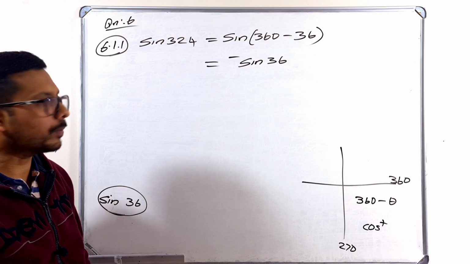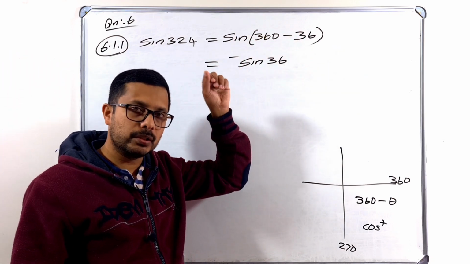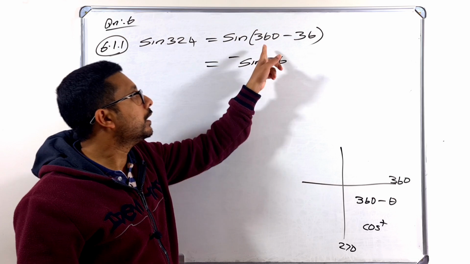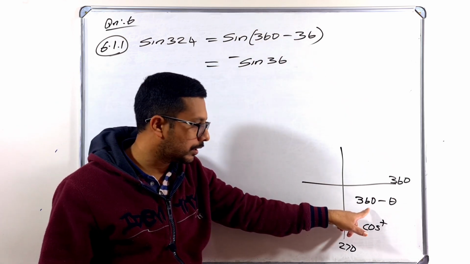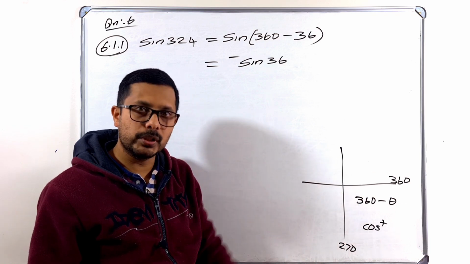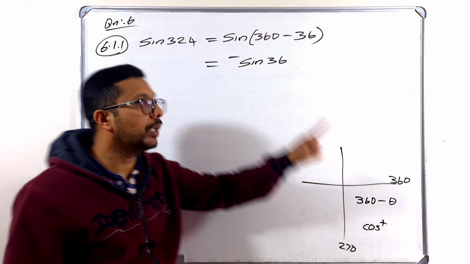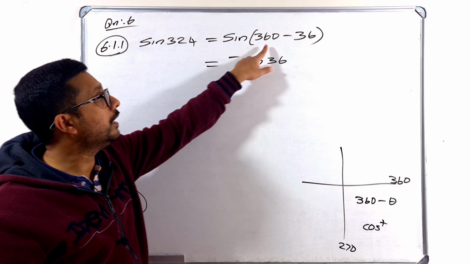So listen once more. This is a reduction method. You have to watch that first class lessons. 360 minus 36 is in which quadrant? It is in the fourth quadrant. In the fourth quadrant, what is positive? Cos is positive. Here what? Sine. So it is negative. Any change?